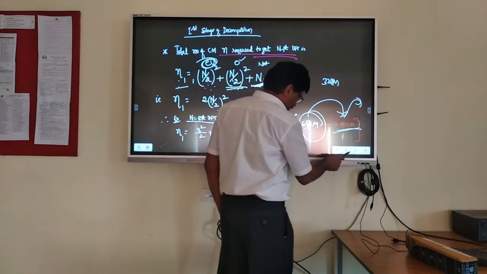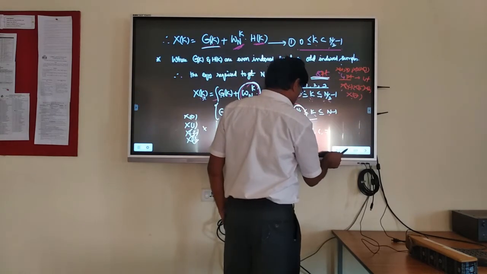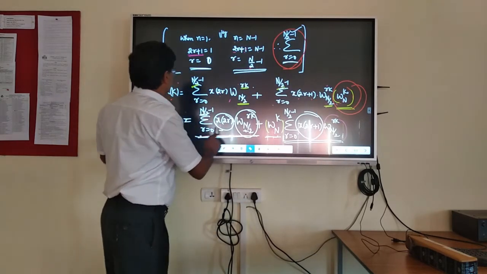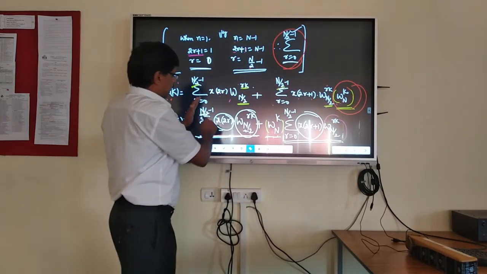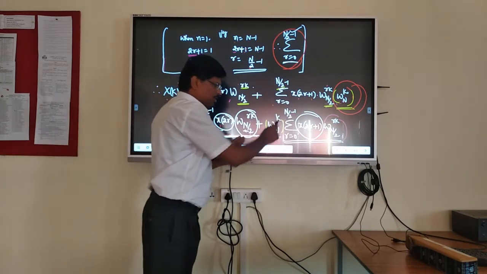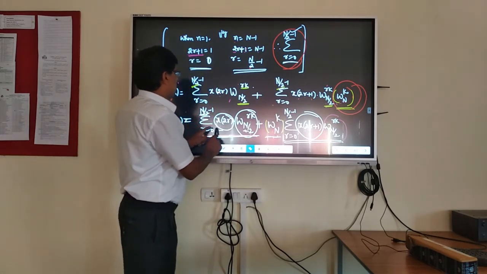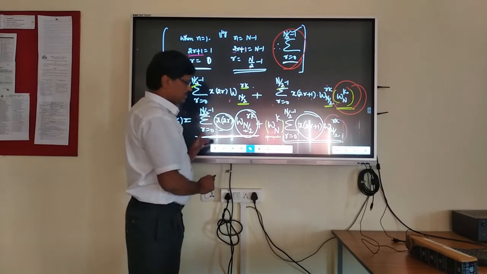That means, for example, let's see now how I am getting n by 2. See now, here n point is divided into 2 n by 2. This is one n by 2, this is other n by 2 into omega n power. For example, here this is even samples.